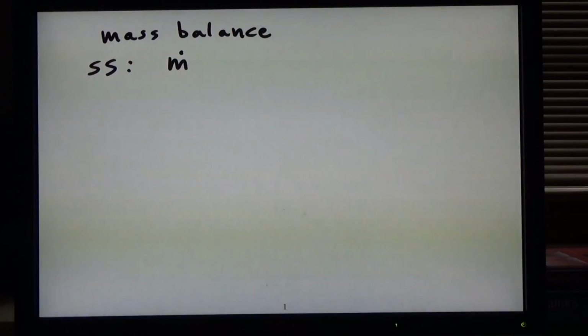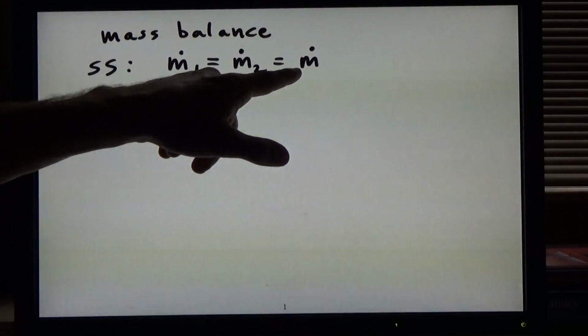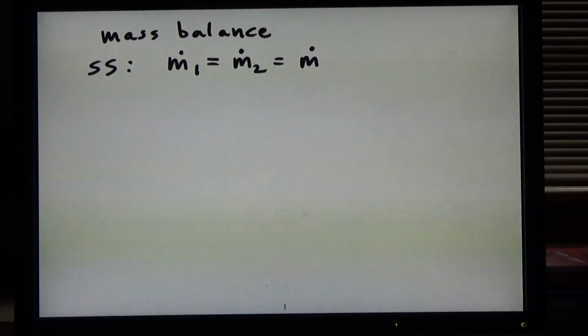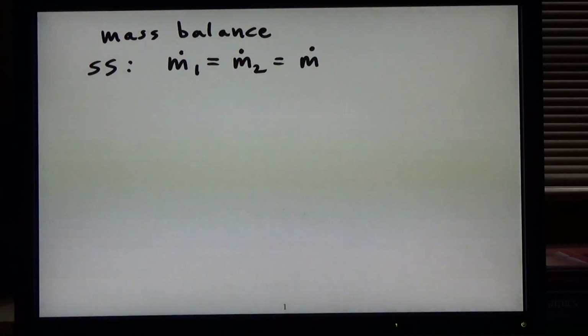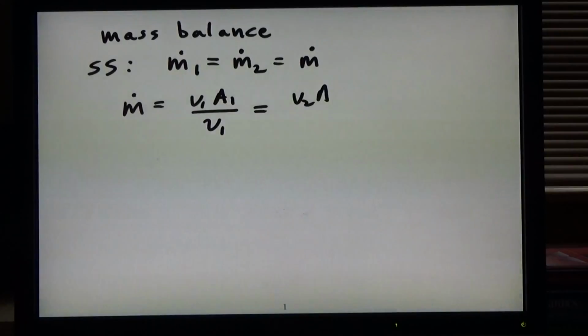M dot 1 is equal to M dot 2. Or in other words, we have a constant rate of mass flow through our device. So the mass flow rate is one thing that we're trying to solve for. We can try the mass flow rate equation at the inlet or the exit to get the mass flow rate. So we have V1 A1 divided by specific volume at the inlet or the exit.